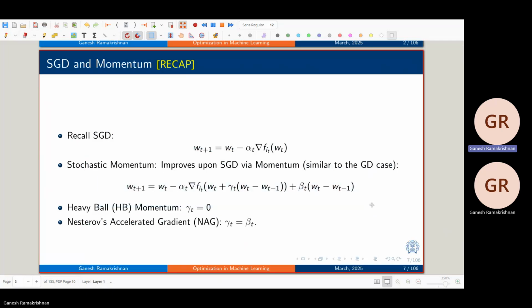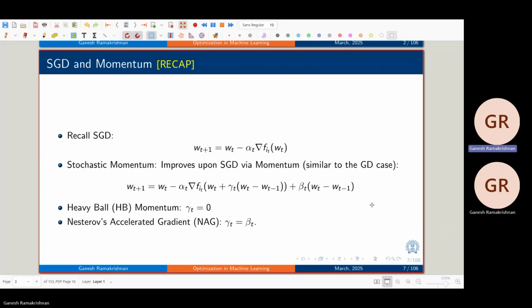Let me write the summary presentation on the other side. This accelerated version is what we'll try and realize in some of our approaches today.